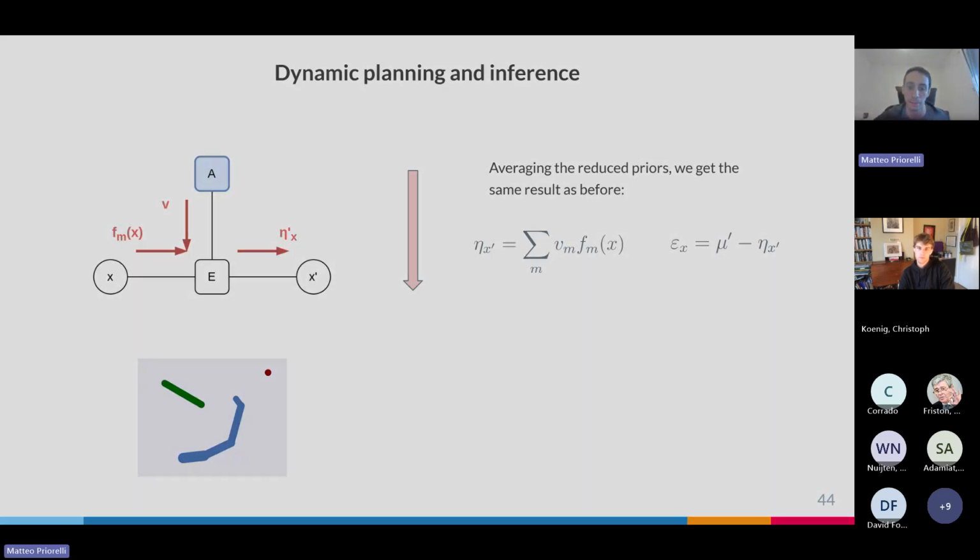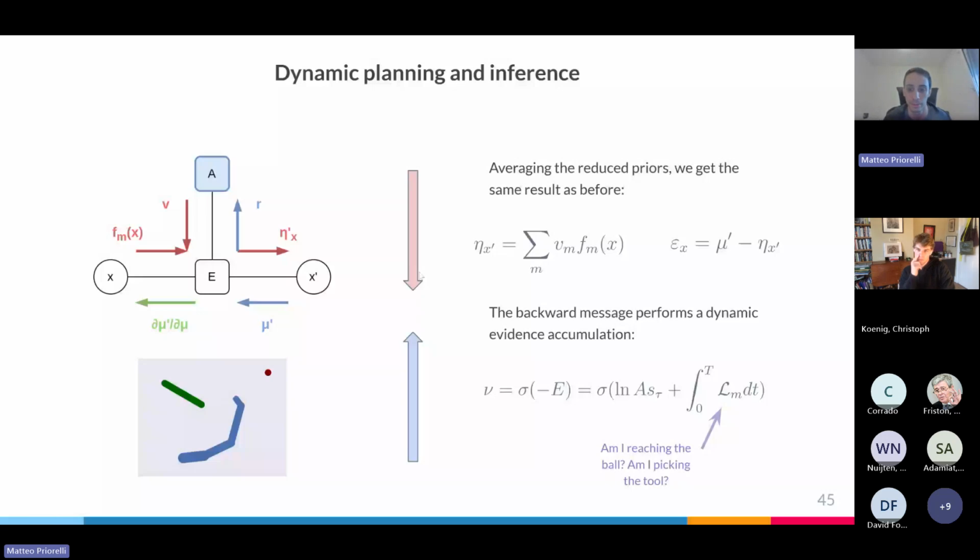And for the bottom-up message, they can now perform some kind of dynamic evidence accumulation, since the log evidence here can score how well some potential trajectory explains the current trajectory of the agent. So it can answer whether I'm reaching the ball or I'm picking a tool.